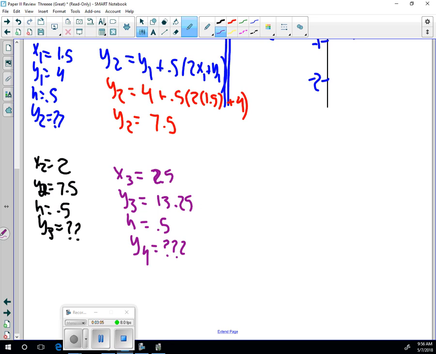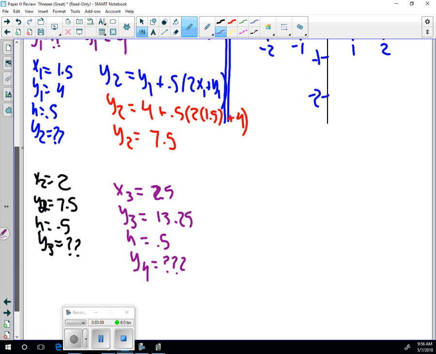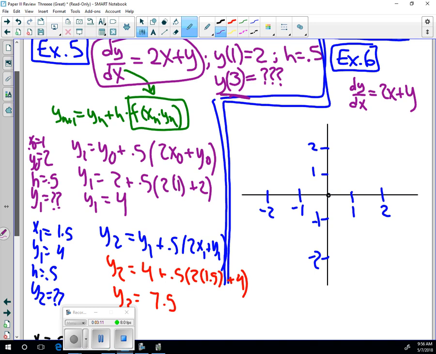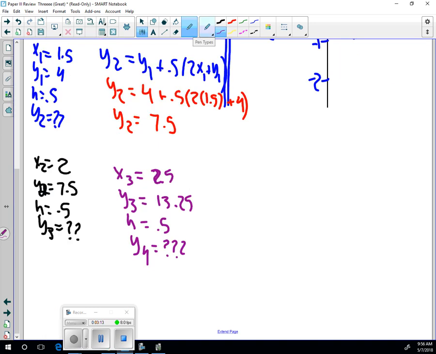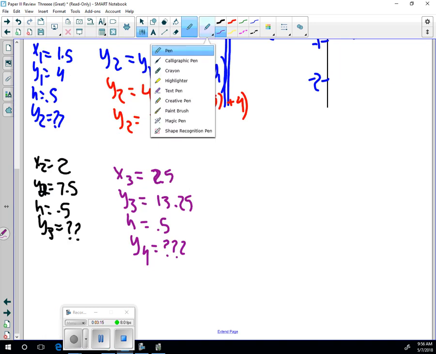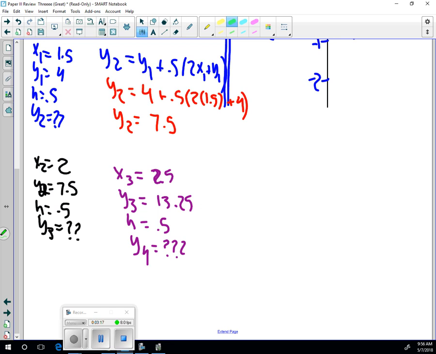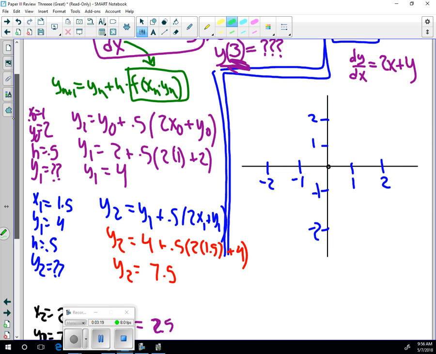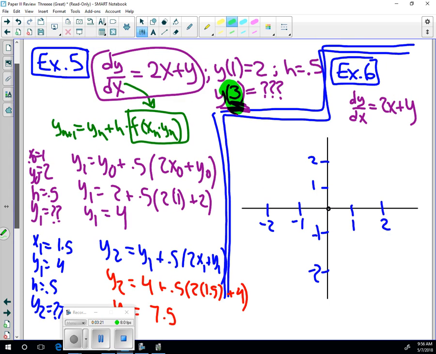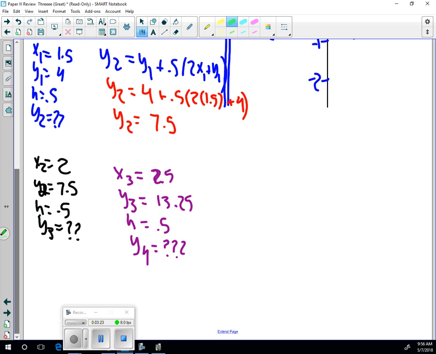Now, my question is, how many times do you do this? If you're going to x equal to 3, when do you stop? Do you stop at 3 or do you stop at x equal to 2.5? 2.5, because it'll bring you 0.5 to 3, and that's where you wanted to stop.